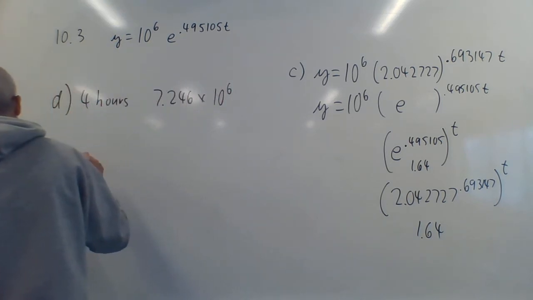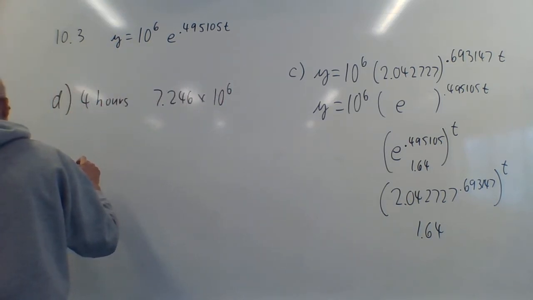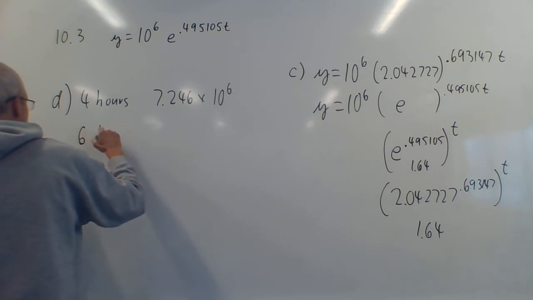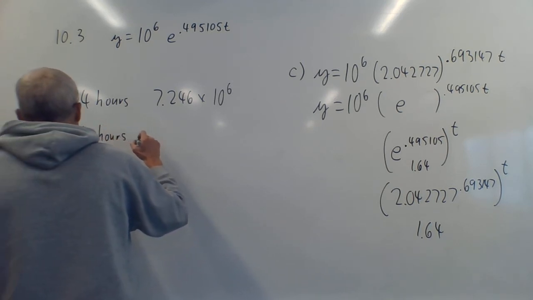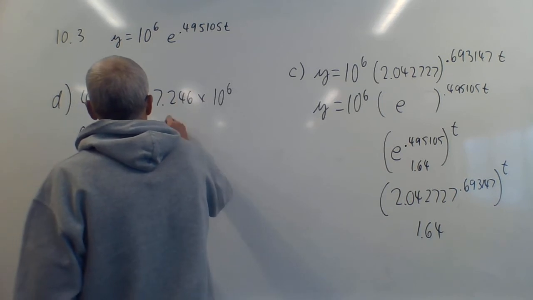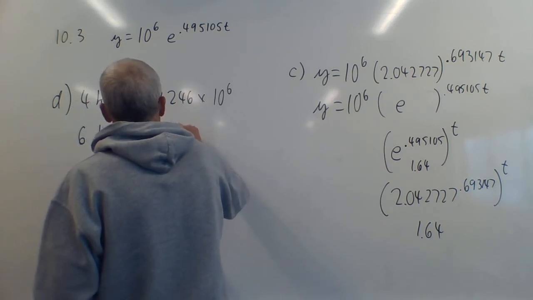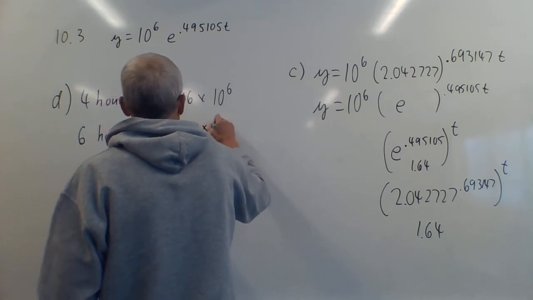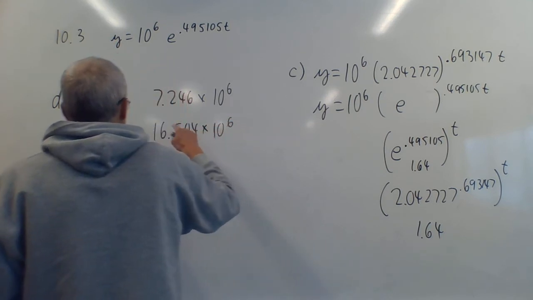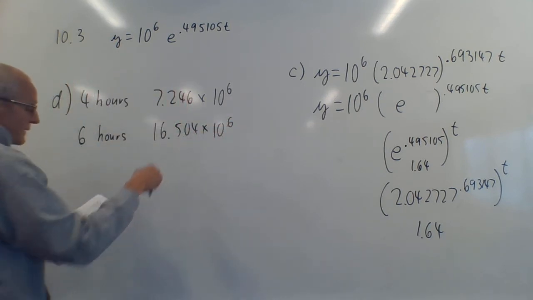And then after 6 hours, there's more now. There are 16.504 times 10 to the 6 cells. So if 4 hours is this many, 6 hours is that many.